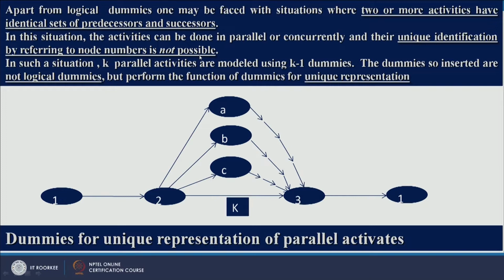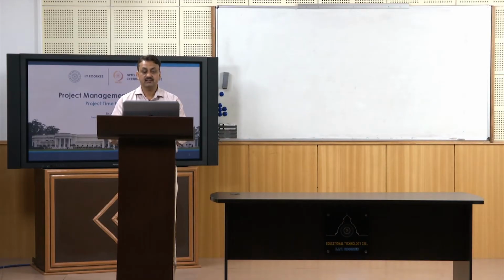So k parallel activities are modeled using k minus 1 dummy activities. The dummies so inserted are not logical, but perform the function of dummies for unique representation. This is a major difference between a logical dummy activity and a dummy activity used for unique representation.